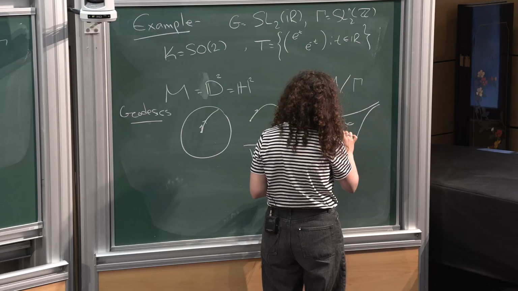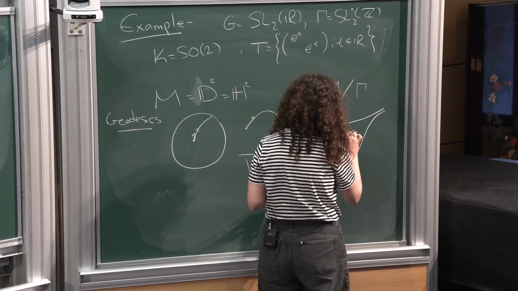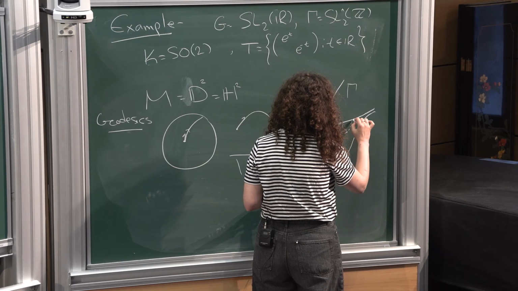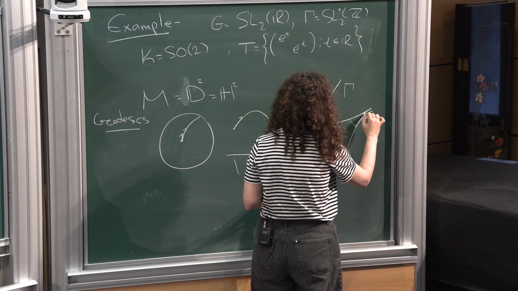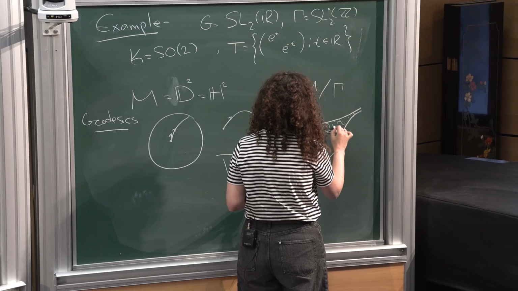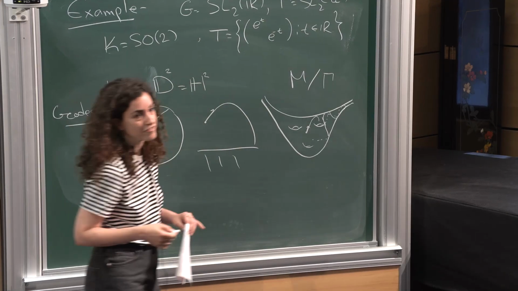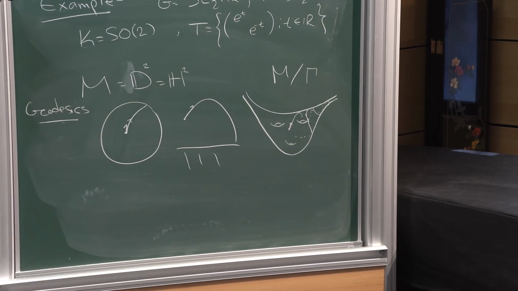And here, again, you get the more interesting behavior when you take a point in a direction and maybe it goes into the cusp. But maybe it also comes back. And you have some kind of a more interesting orbit that you can discuss.